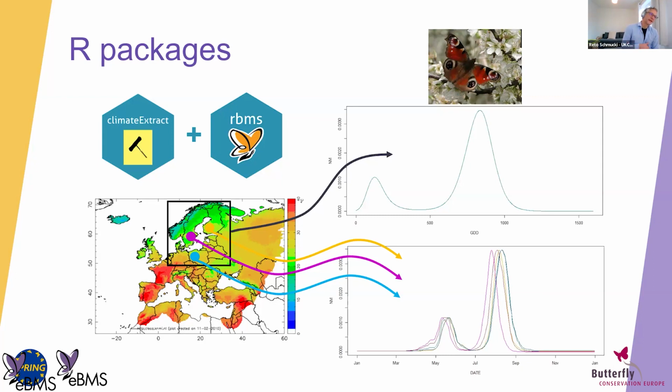But then that relationship might be relatively the same for a larger region, but the specific point in that region will receive different levels of growing degree day or temperature, and these different profiles will affect the development locally.